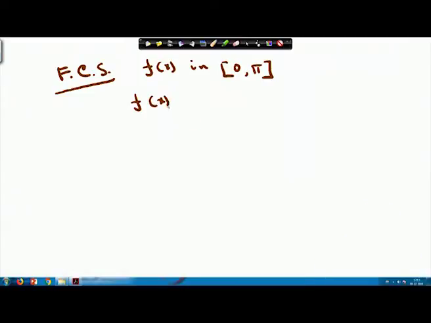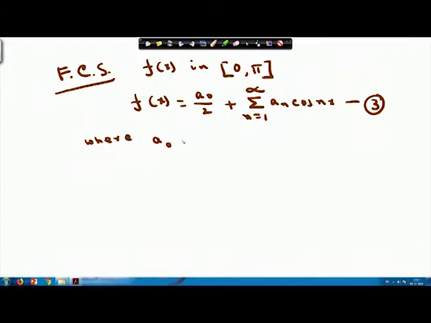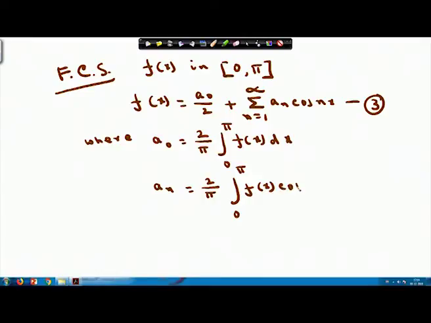It can be written as f(x) = a_0 by 2 plus summation n equals 1 to infinity a_n cos nx. So, this is equation 3, where a_0 is equal to 2 by pi, integral 0 to pi of f(x) dx. All these things we have done earlier, and a_n equals 2 by pi, integral 0 to pi of f(x) cos nx dx.